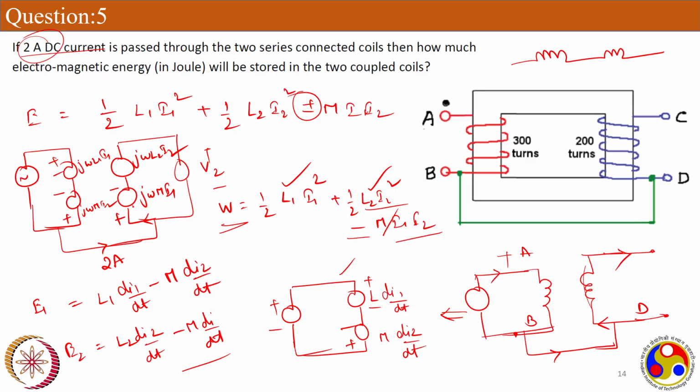And if you are having two different coils, due to the current flowing through I2, there will definitely be a flux. Oh, no, the secondary flux will link with the primary, right?